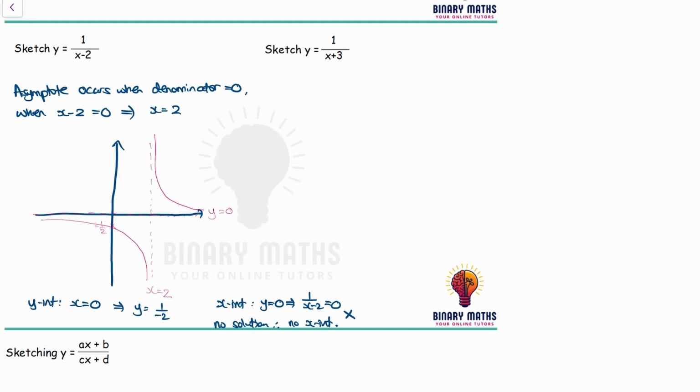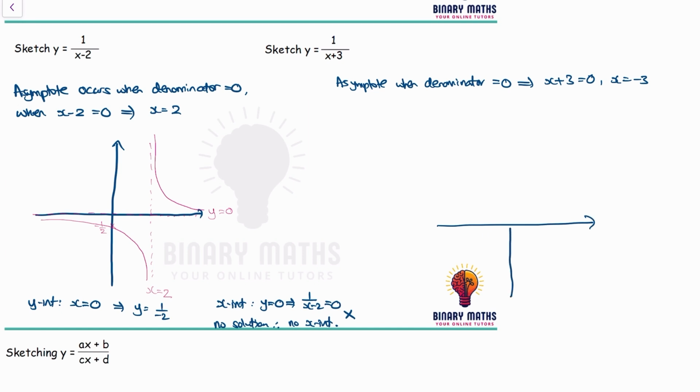So here for the second example, we know there's an asymptote when the denominator equals 0, which means when x plus 3 equals 0, which means when x is equal to negative 3. So if I were to sketch it, negative 3 somewhere here.